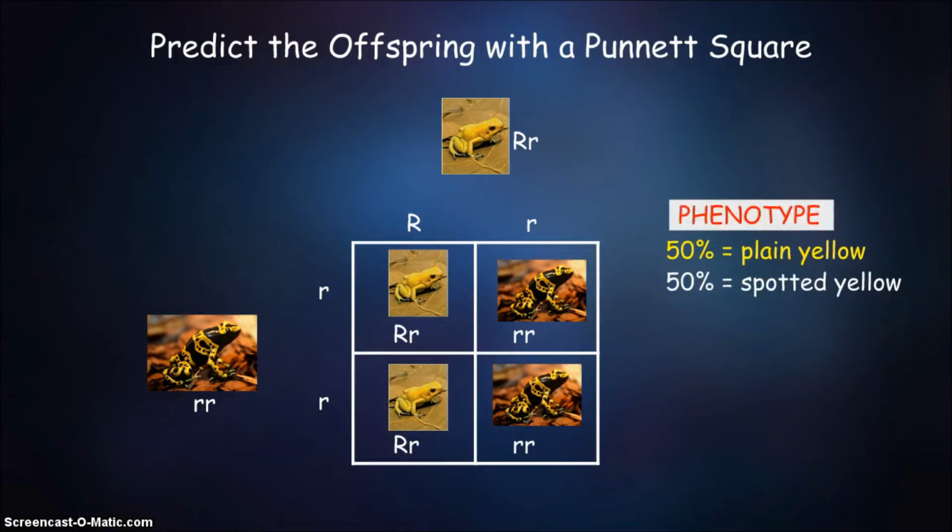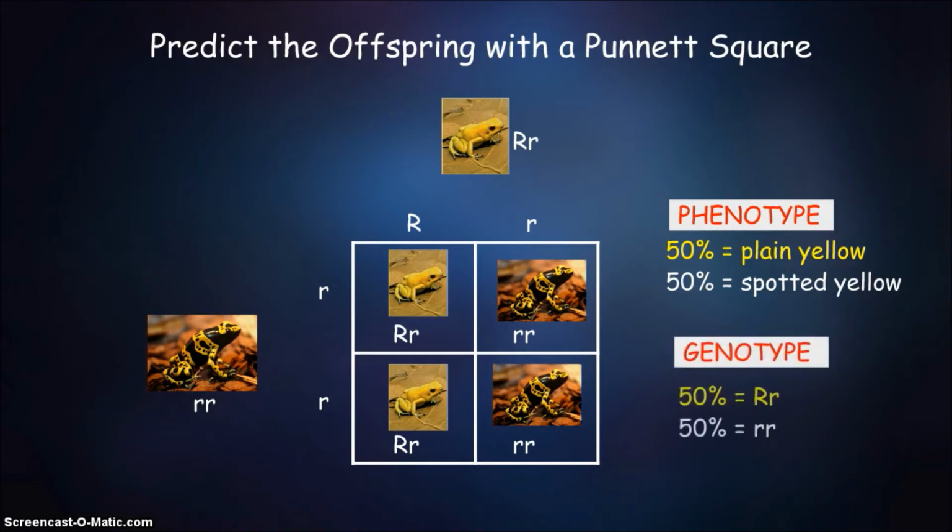And remember, that's the phenotype. So if I asked you what was the phenotype result in the offspring, you would say 1/2 or 50% plain yellow and 50% spotted yellow. If I asked you the genotype, you would say 50% big R, little r, and 50% little r, little r.